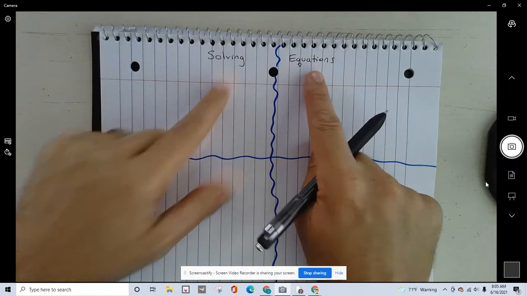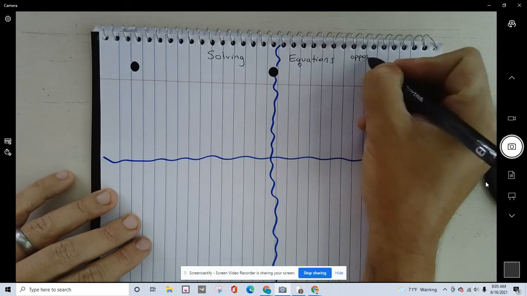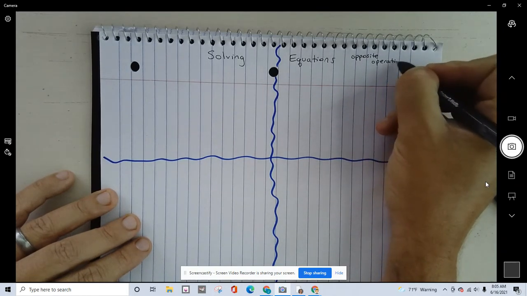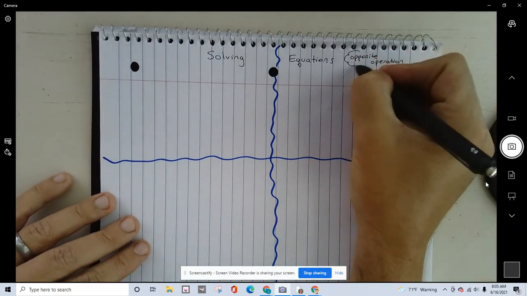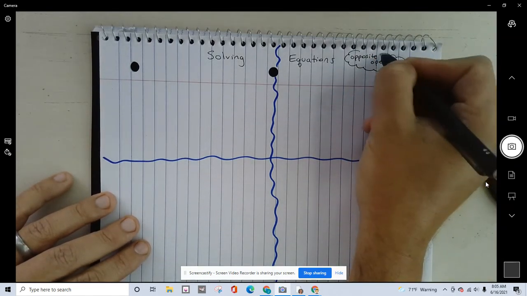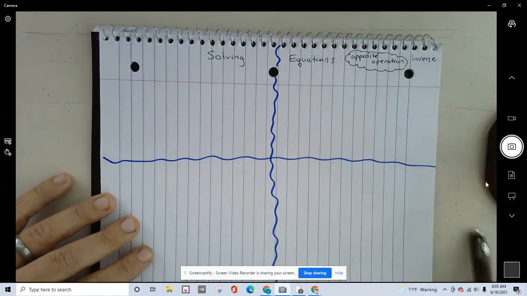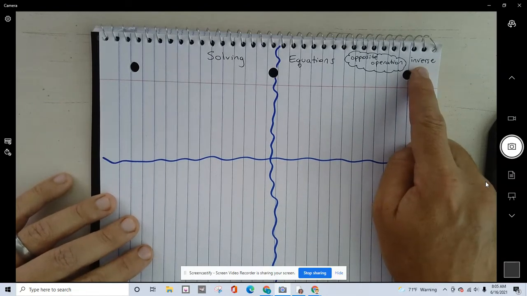And when you solve equations, you should think of the opposite operation. And we'll talk about that a lot. The opposite operation, the fancy word for that would be called the inverse operation. Instead of reverse, which is like going backwards, inverse is like the opposite.